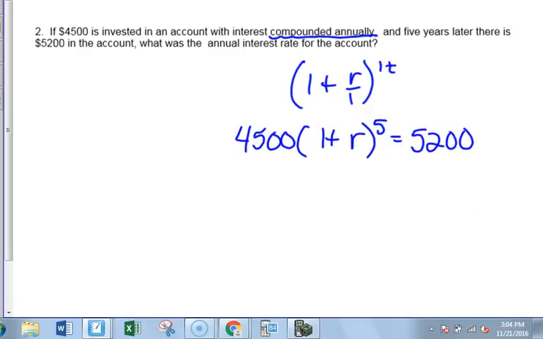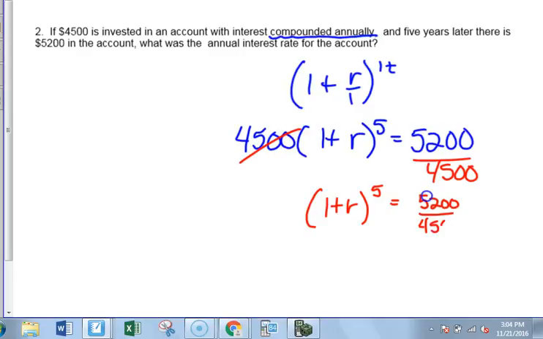What do we do first? And then? Then you do it to the third. Whatever this is, we're going to do to the 1/5 power.